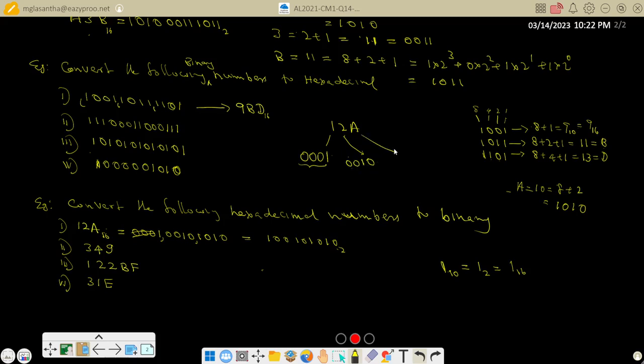Then what is A? A is 10. How do you convert 10 into binary? You can follow this method also. We have 2 methods now. This method is easy. 1 0 1 0. So I just put it like that.